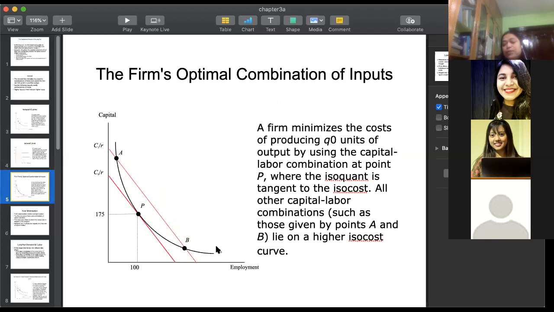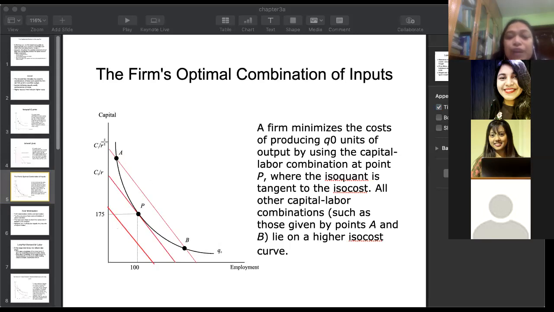Your isoquant is Q. You want to find that particular isocost curve that is tangent to your Q. Any other isocost curve will be intersecting your isoquant. You would be very happy if you could go to a lower isocost, but if you move to a lower isocost, you cannot produce Q0. So that doesn't help.